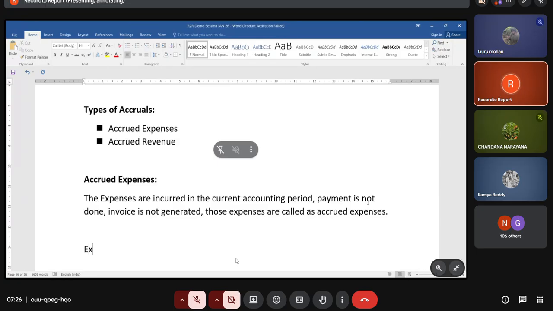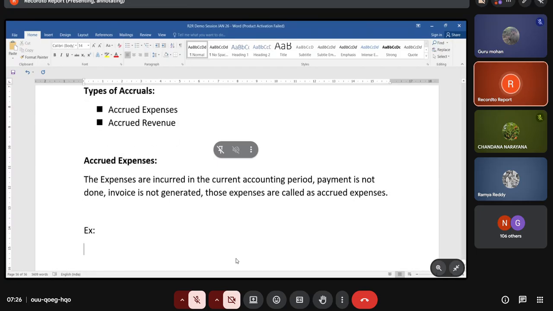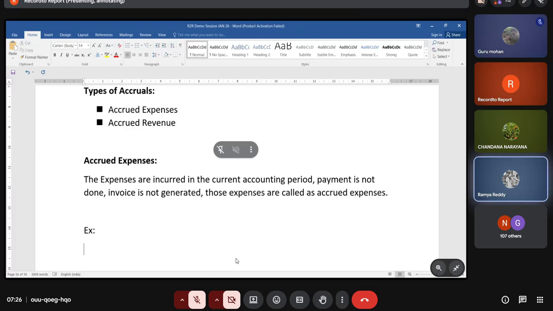So for example, rent. Will you pay the rent in the same month, guys? Normally companies will not pay the rent in the same month. Like January month rent will be paid on February 5th or 6th. Correct? That expense is related to which month?